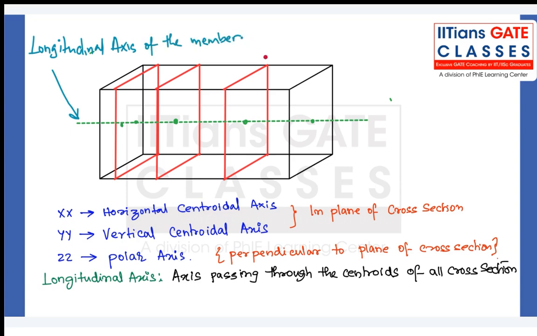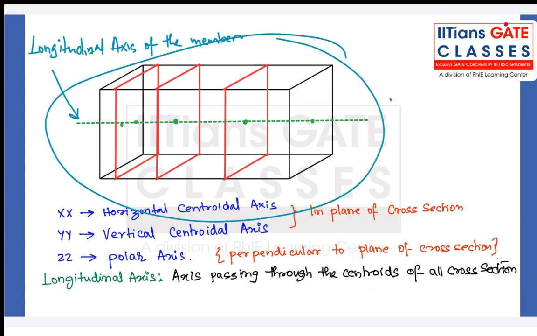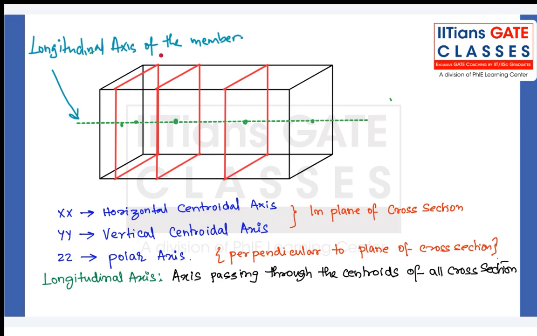Now, why are we understanding this? Because there are 4 different axes which are very important to understand before we proceed. So what is the longitudinal axis? The longitudinal axis is the axis passing through all the centroids of the cross sections. How many longitudinal axes will a member have? This element has one longitudinal axis, as you can see. So the longitudinal axis is the axis of the member.